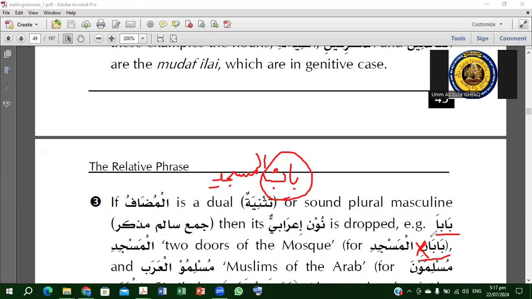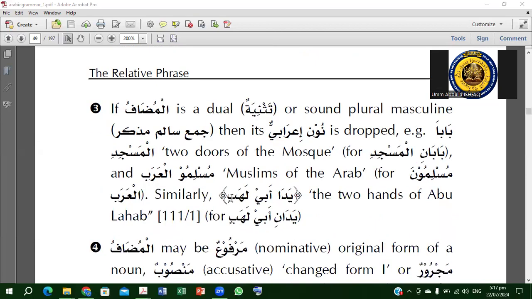I hope it's clear. Similarly, for the plural, you can say abwabul masjidi. The plural of bab is abwab, a broken plural. So abwabul masjidi is fine. But if a wow-noun plural comes in, like for example the Muslims of the Arabs, Muslimuna.